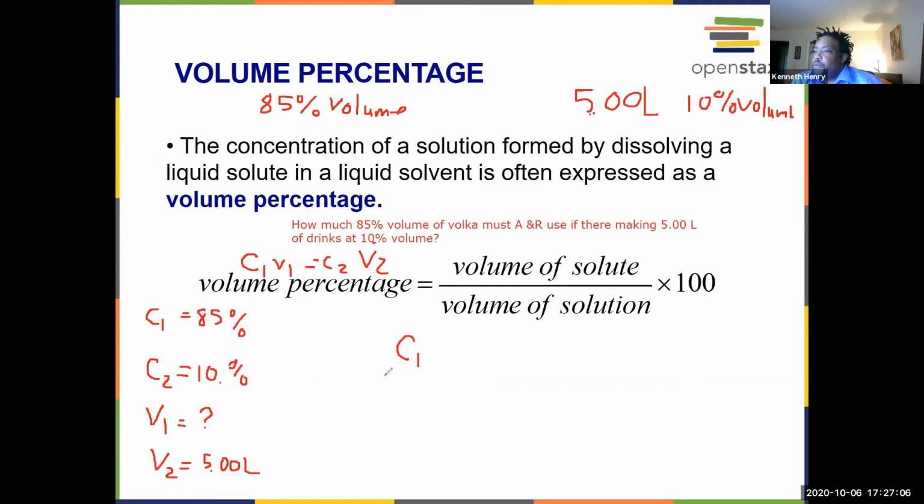Okay, so we want to solve for V1. What is my equation going to look like now? It would be C2 times V2 over C1.